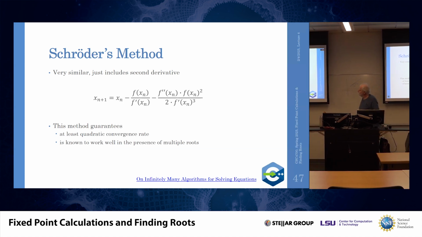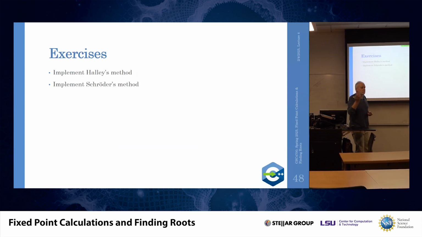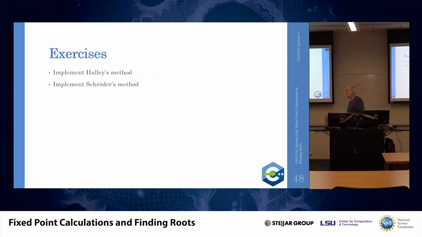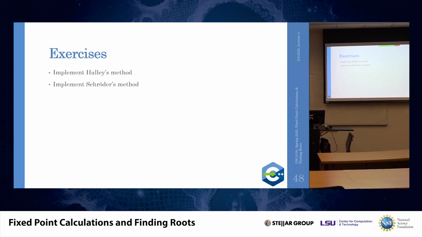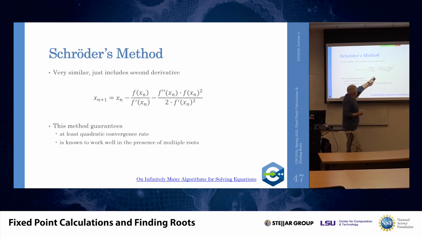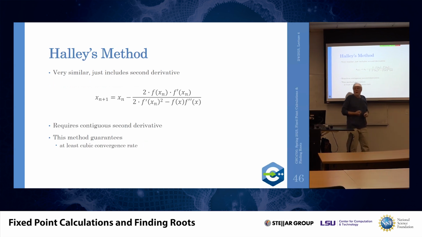So I wanted to give you those formulas because I think it's a nice exercise for you to implement those two methods, Halley's method and Schroeder's method, just by calling the fixed point function and doing all the logic yourself. Please note that you now have to compute the second derivative, because both of them require the second derivative, right? Here's a second derivative, and in Halley's method you have the second derivative as well. How do you do that?